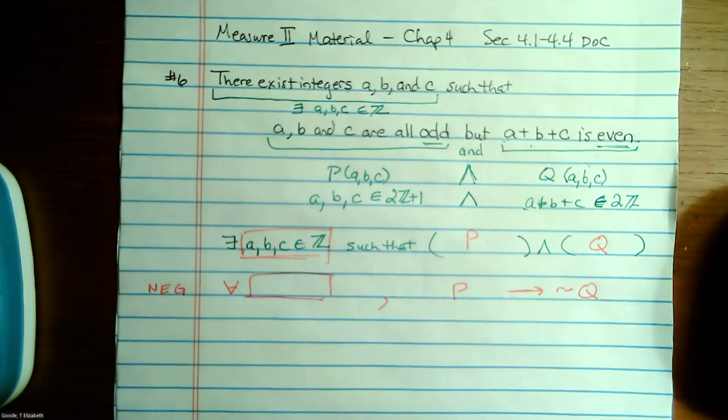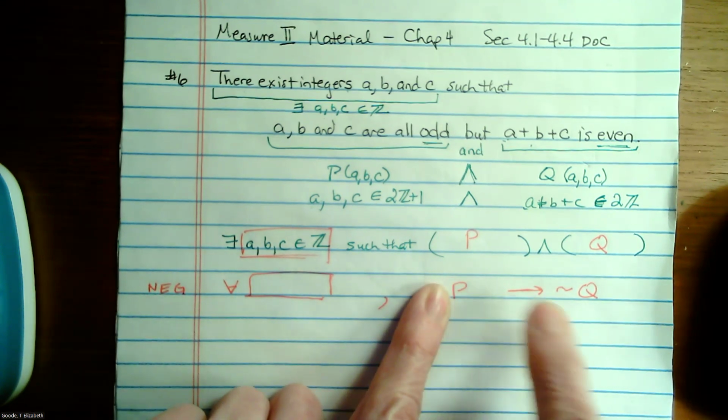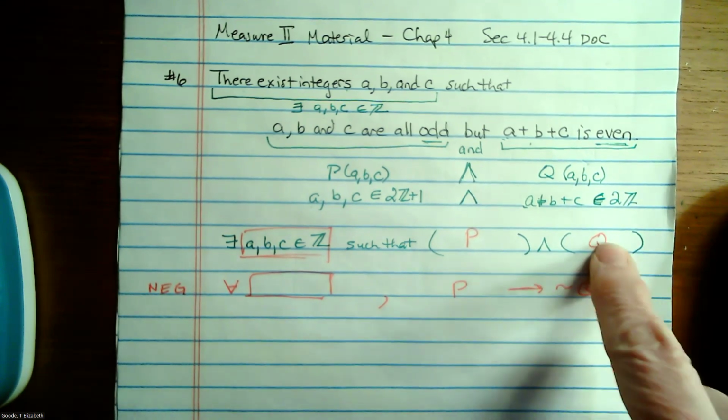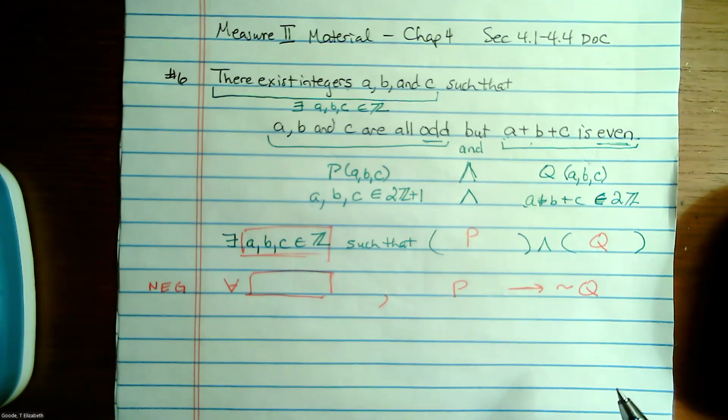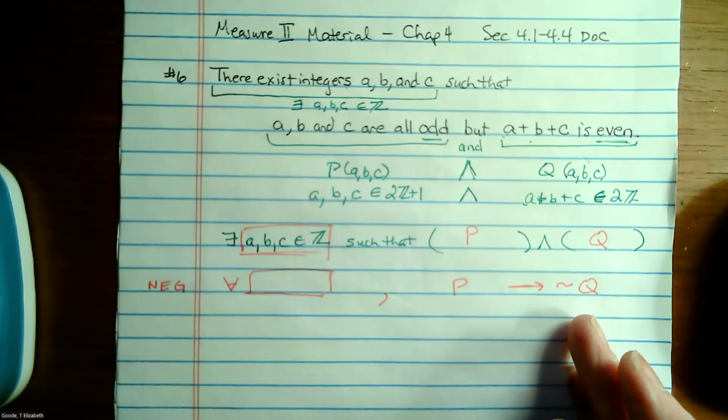Doesn't it? Because when you negate this back, it's the hypothesis and the negation of the conclusion, but not Q is Q. Is that a way to double check your work after performing a negation, to mentally negate the negation and see if you get the original? Absolutely, especially if it's a tricky one like this.